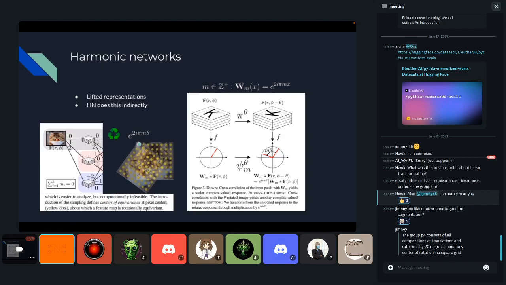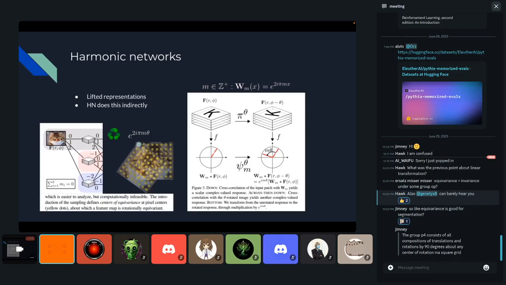They have each pixel be a center of rotation. What this means is that when you rotate the image around that pixel and put that through the equivariant feature extractor, you'll get the same thing as if you didn't rotate it, but multiplied by e to the 2i pi m theta. So it's rotated by the order of the representation.